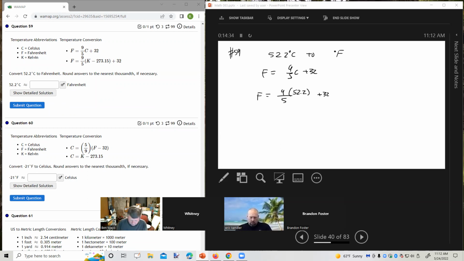So I'm going to take 9 times 52.2 divided by 5, and then plus 32. And I get 125.96 degrees Fahrenheit. So I don't need to round to the nearest thousandth because it's not that far out there.